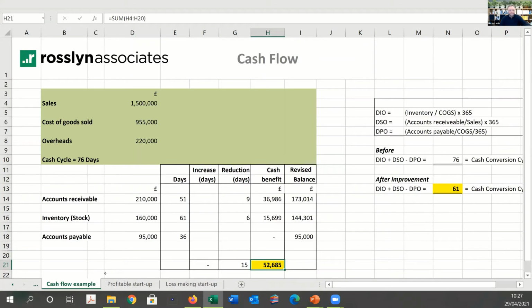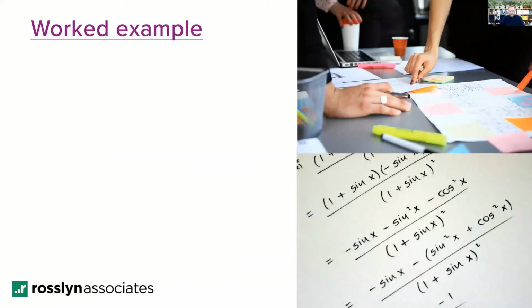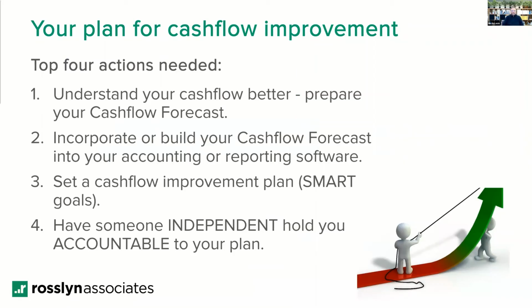Okay, so I'll go back to here, and the next slide, your plan for cash flow improvement. So in other words, we've looked at the working capital cycle, first looking at how different profit and cash are, so that you can understand that.